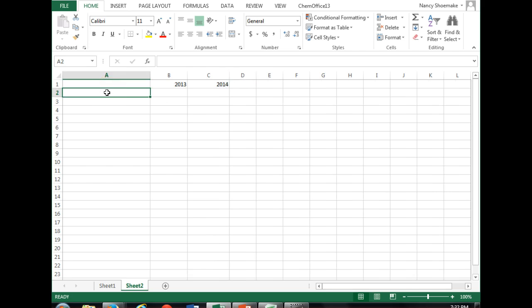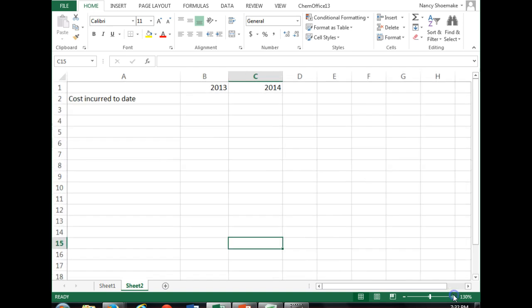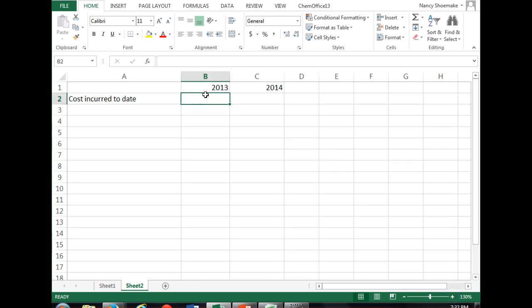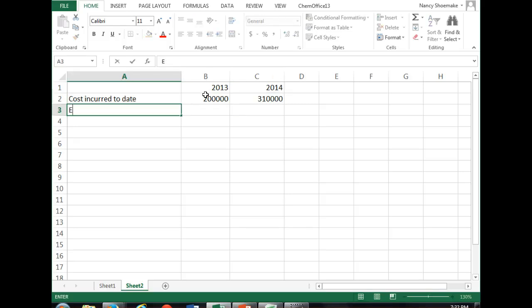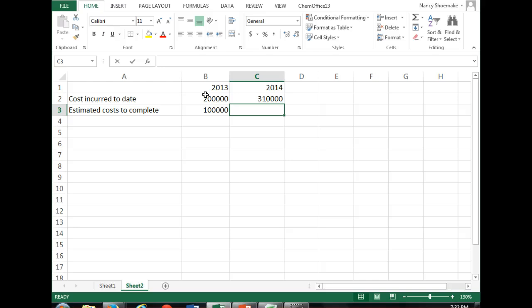We've got here costs incurred to date. Here it's $200,000. Estimated costs to complete. This is 100. Nothing.